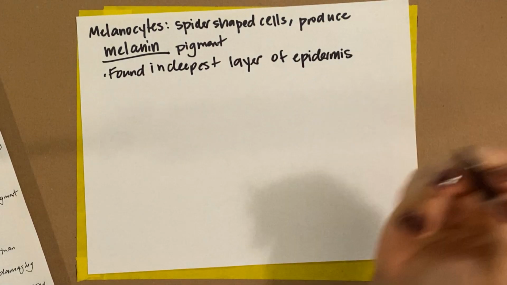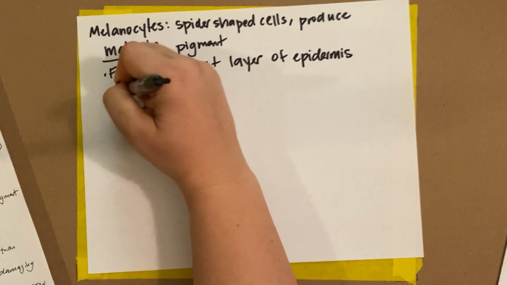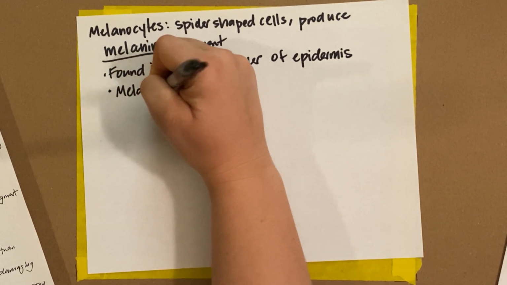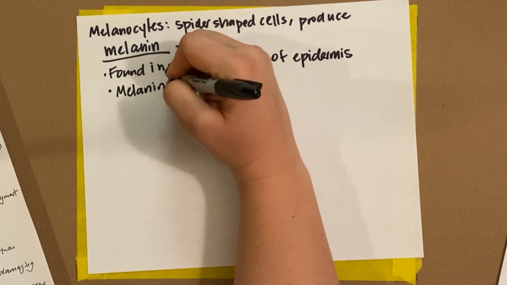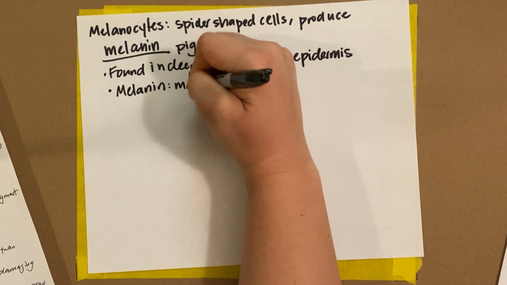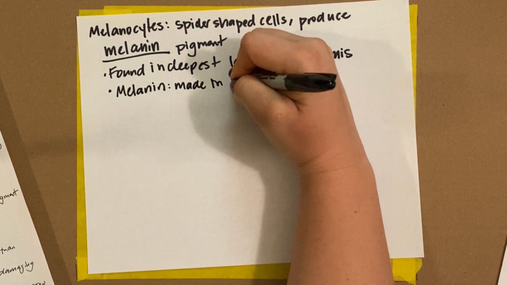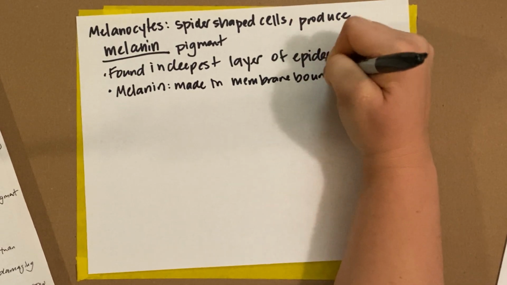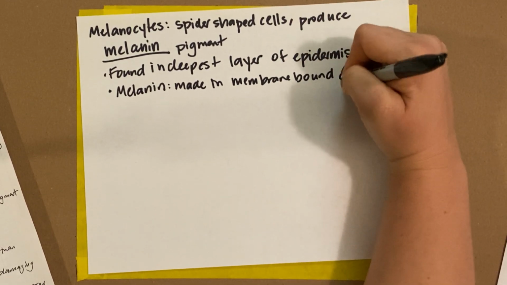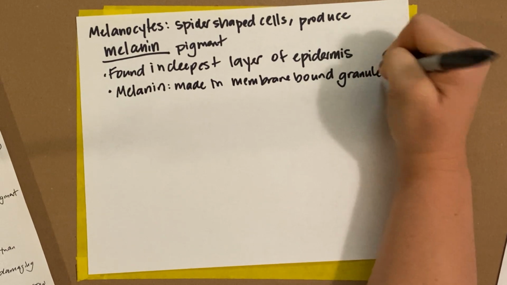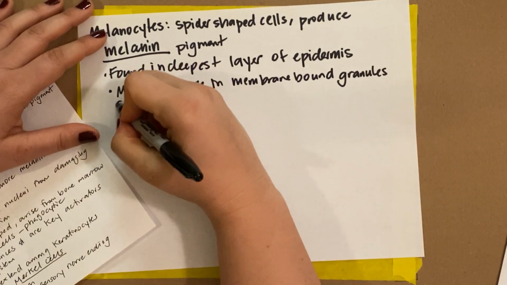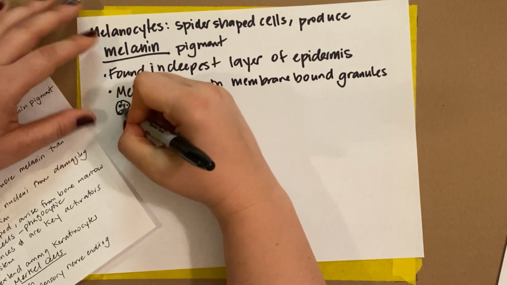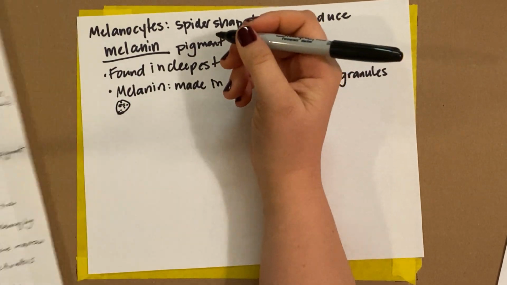Okay, and a little bit about melanin. It is going to be made in membrane-bound granules. There's a little membrane around it, and then the melanin will be inside of it.